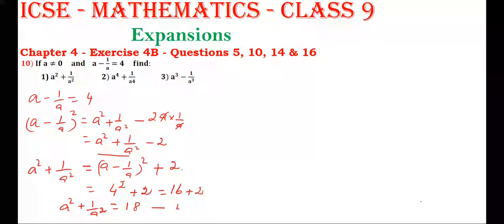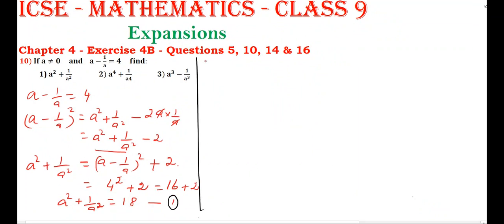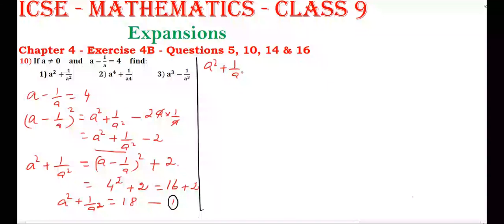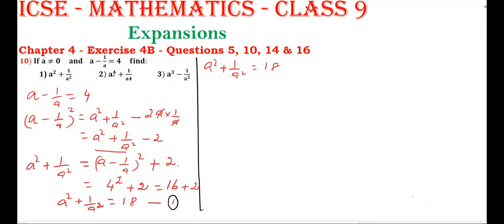So we will call this 1. We will use it in the next step. So now again we will take the first equation: a square plus 1 by a square equals 18. So next we need to find out a power 4 plus 1 by a power 4.